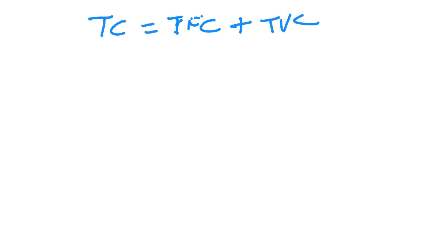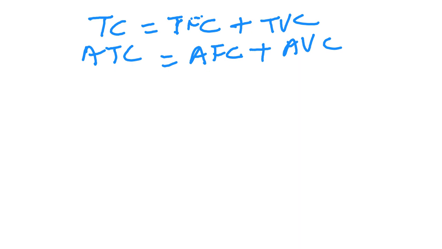Total cost equals total fixed cost plus total variable cost. Then you have average total cost. Average total cost is average fixed cost plus average variable cost. Then you have marginal cost. So marginal cost is marginal fixed cost plus marginal variable cost.